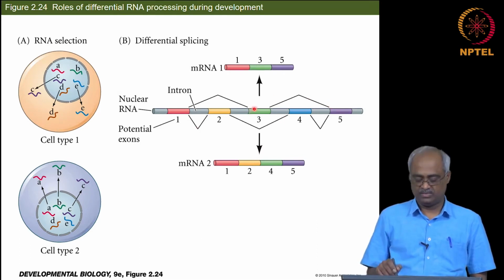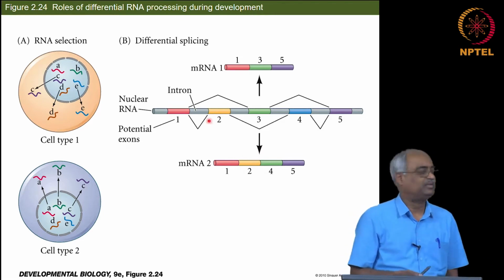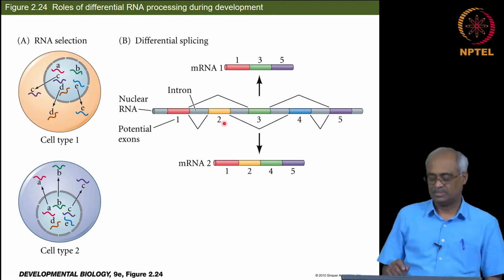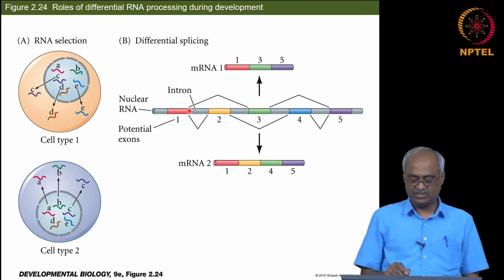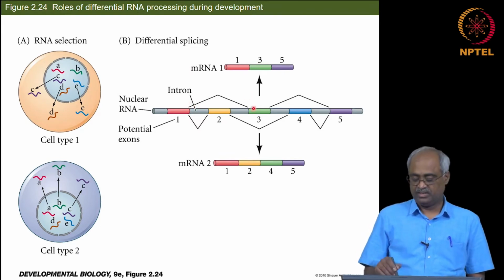For example, this indicates that this exon and this exon are going to be joined and this will not be joined, so number 2 will be treated as an intron in that case. This splice donor where I am pointing is connected to this splice acceptor here, skipping 2 other potential ones in the middle.